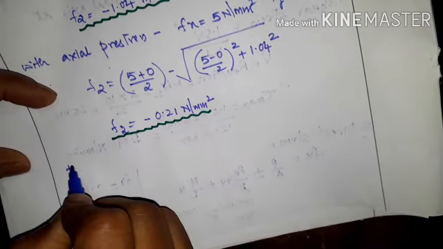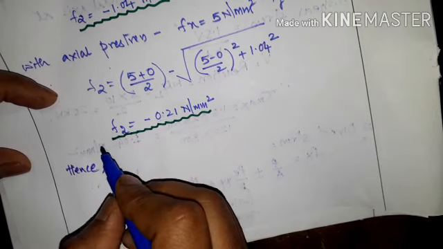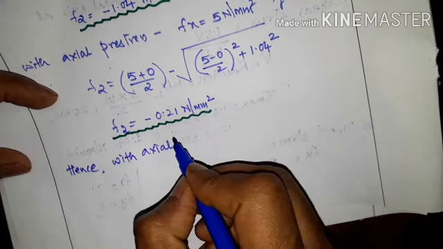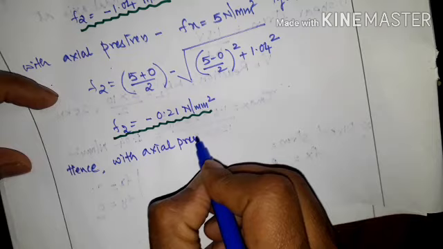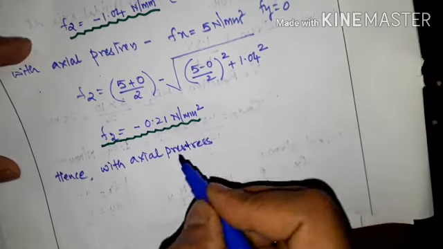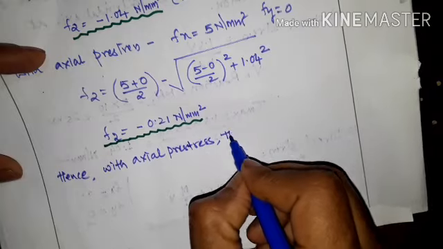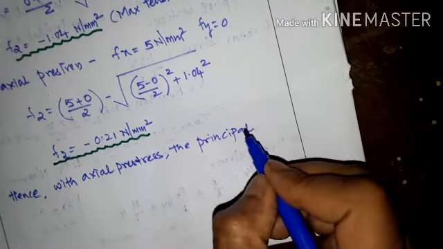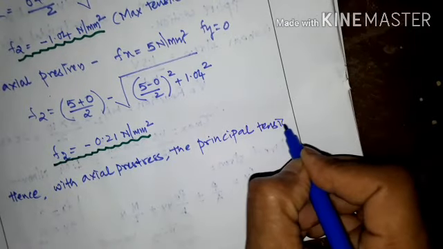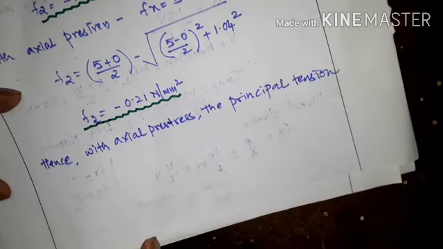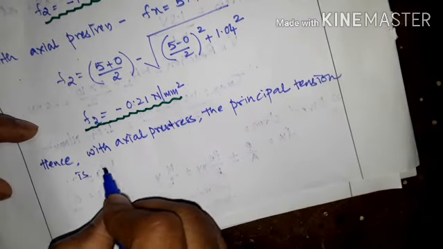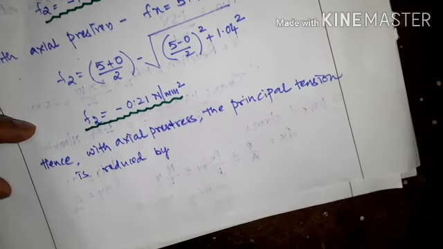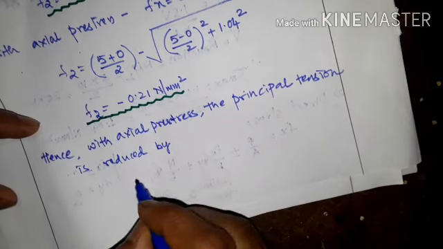Hence, with axial pre-stress, the principal tension is reduced by, so I can calculate the percentage here.